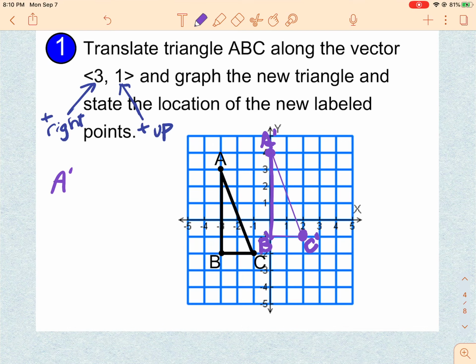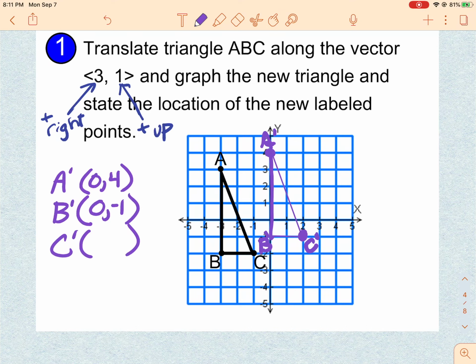Our A prime is at 0, 4. Our B prime is at 0, negative 1. And our C prime is at 2, negative 1. So in addition to drawing the new triangle, labeling each of those points, you also have to say what the coordinates of those points are.